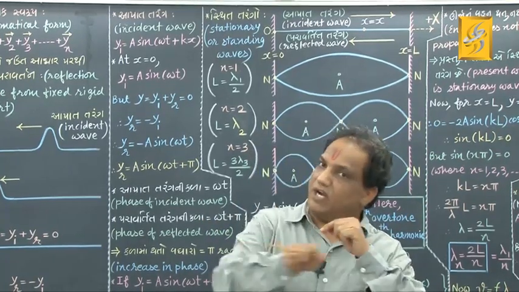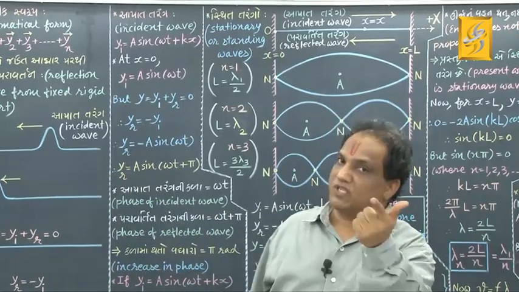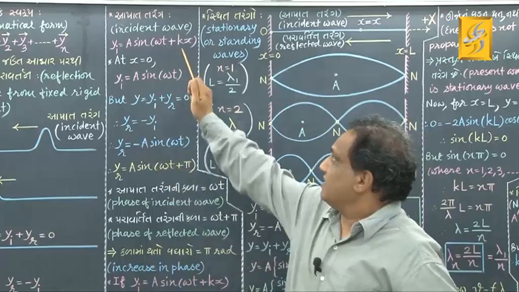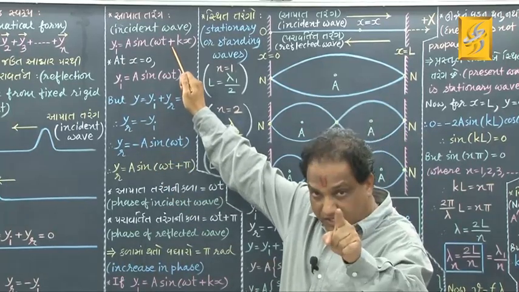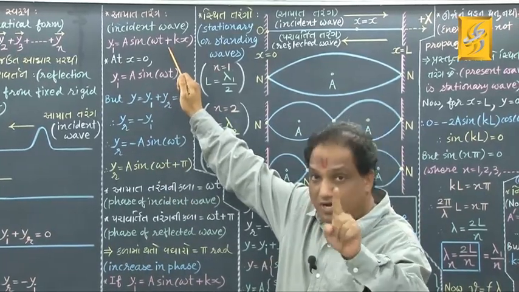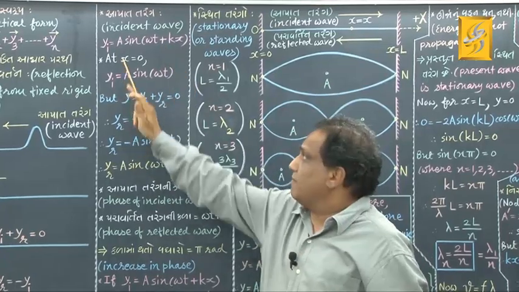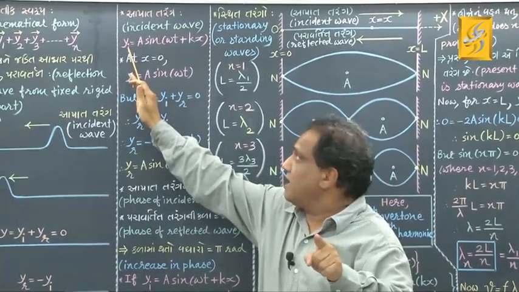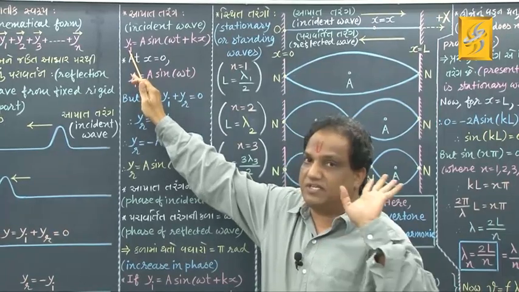And if it is propagating towards the negative x-axis, what was the equation? y equals a sine(omega t plus kx). If the direction of propagation of the wave is the negative x-axis, then here you must write plus. Remembered? And because this is the displacement caused by the incident wave, I am writing yi, i for incident.